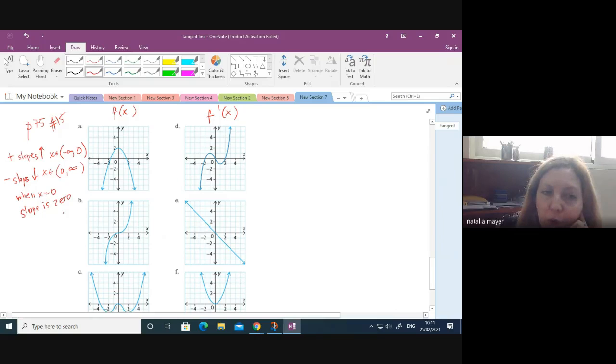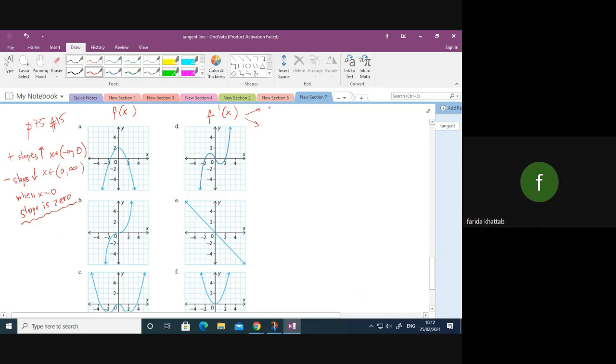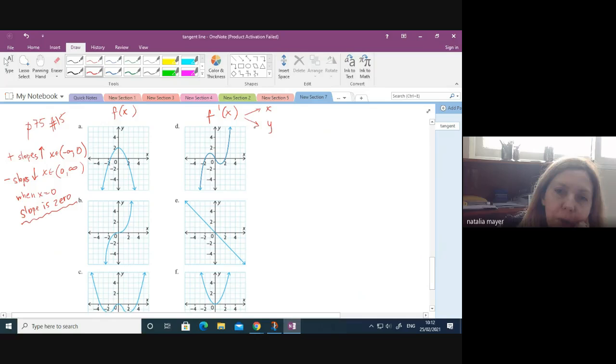The other thing which you need to think about is this one. The slope is 0. The slope value for the derivative function is a y value or an x value? Y. So you have x and y for any function, and the derivative function is not an exception.